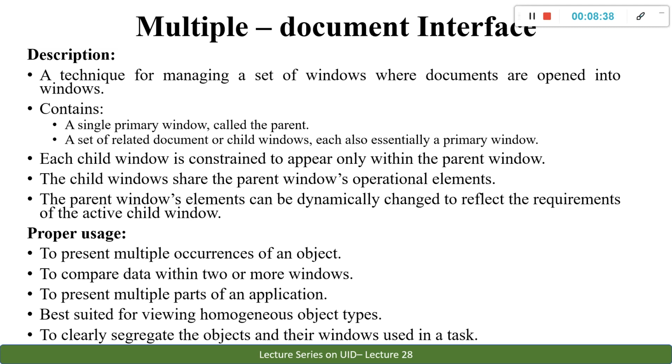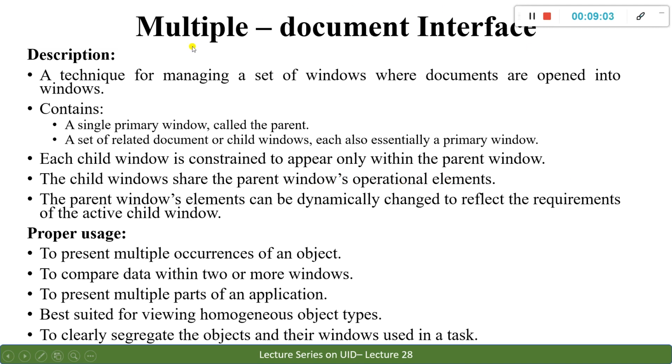And there are some other properties of it also. Let us see one by one. Each child window is constrained to appear only within the parent window. It should open within the parent window only. So I cannot separate that secondary window or child window out of the parent window. I cannot drag it out. Then the child window shares the parent window's operational elements.